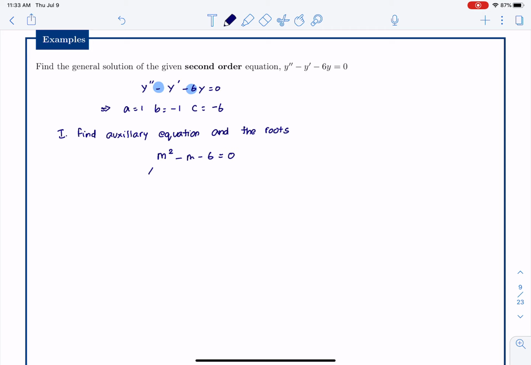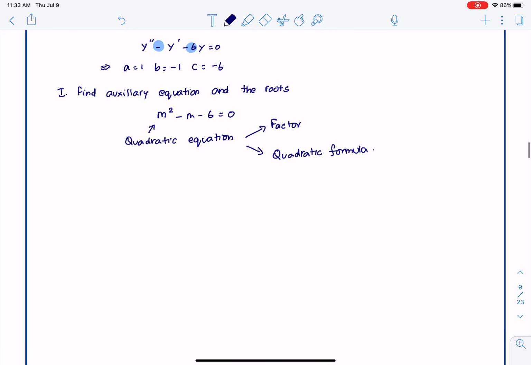Now that is a quadratic equation, and there are two ways to find the roots. Either you can factor, or you can use the quadratic formula. It so happens that this particular example, we can just do it by factoring.